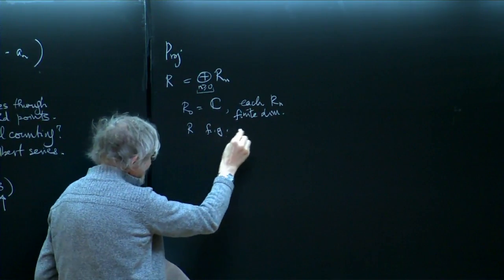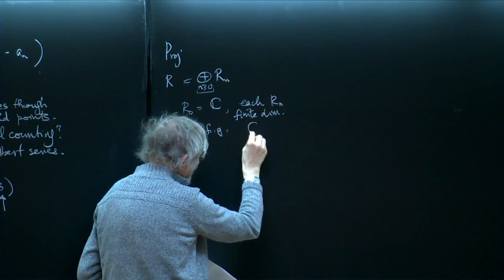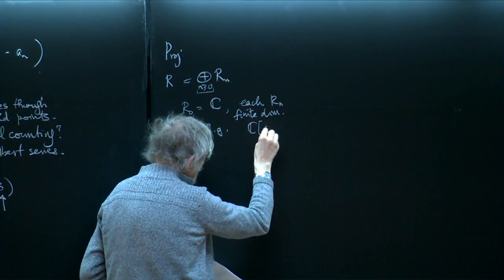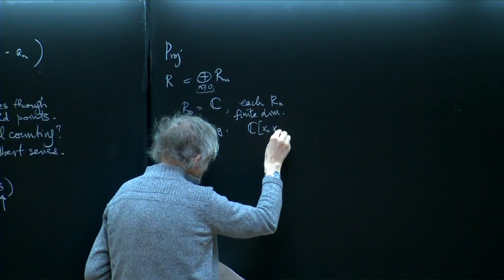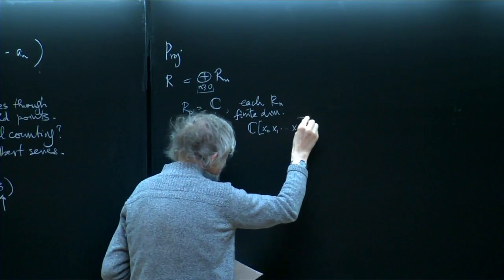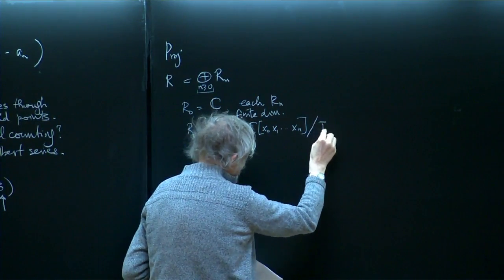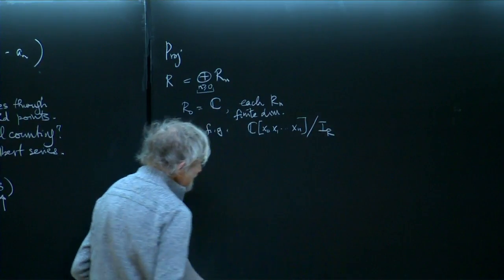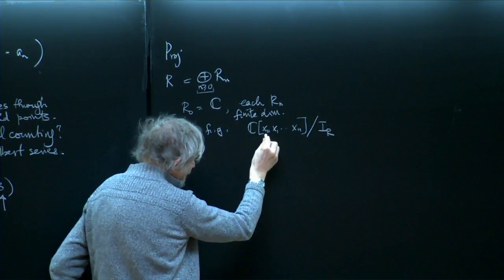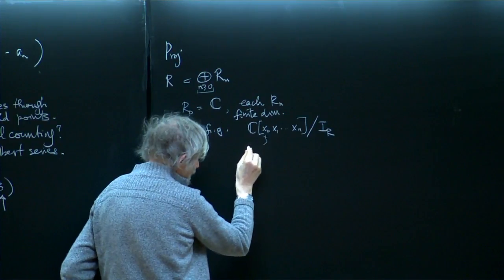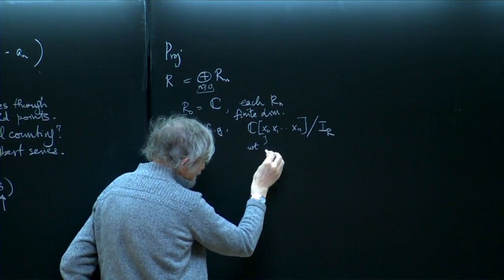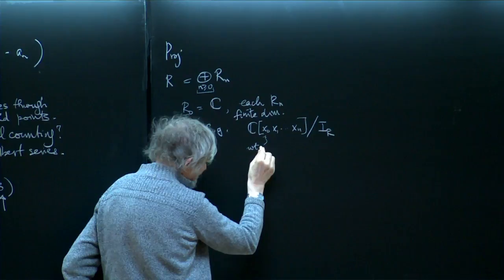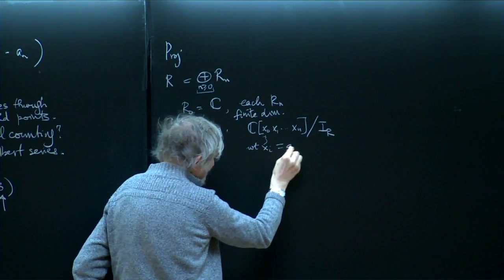This just means that R is C of x0, x1 up to xn divided by some ideal. These are graded with weights xi, ai.